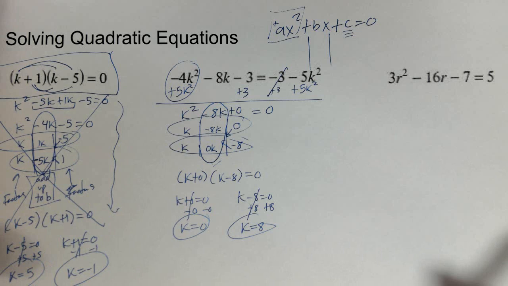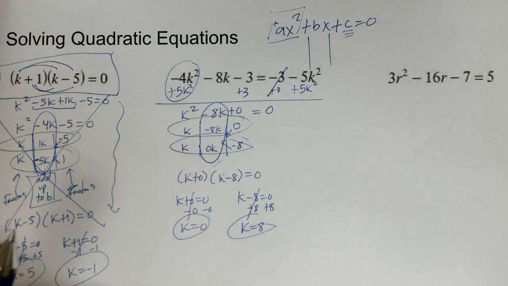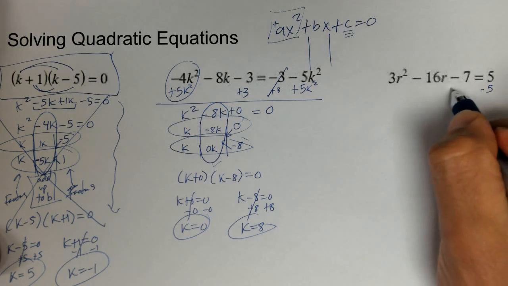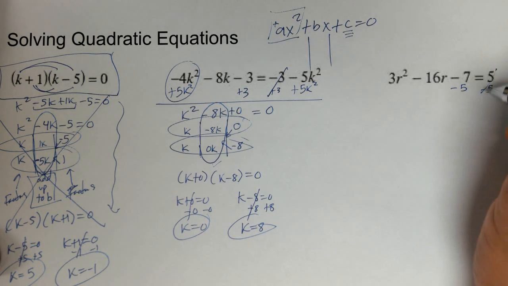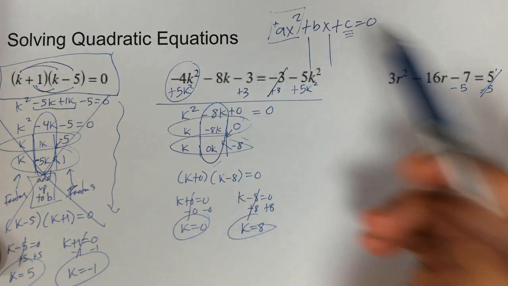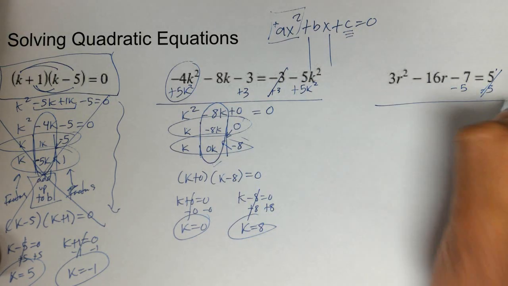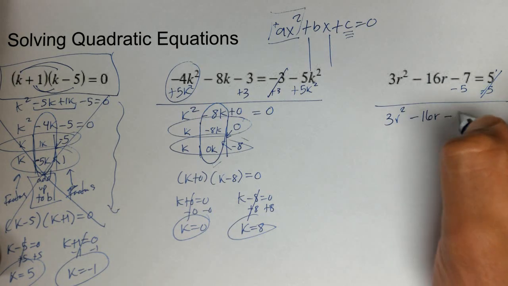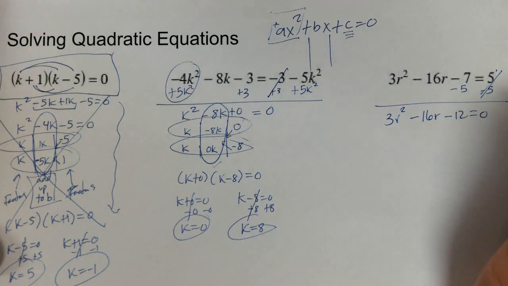All right. Last example. I'm going to move the 5 to the other side. I always want the highest exponent first, r squared, and then the number. And in this case, I do. I get 3r squared minus 16r minus 12.